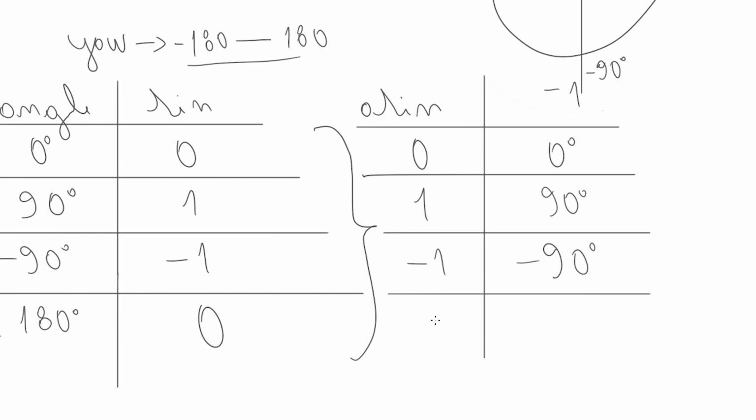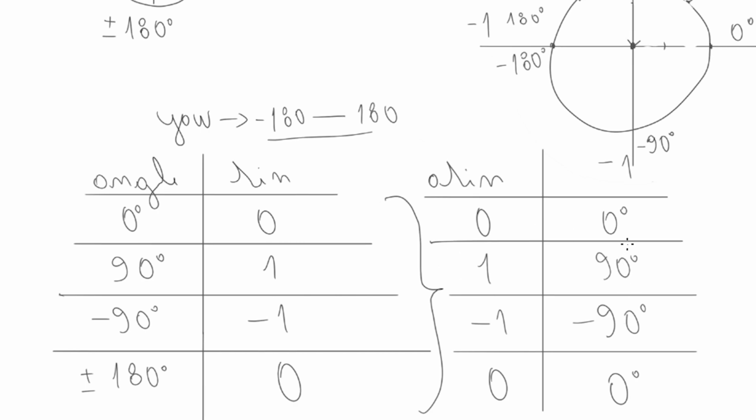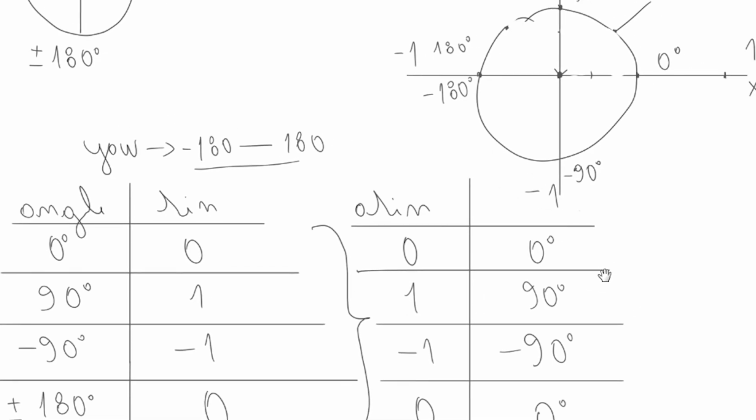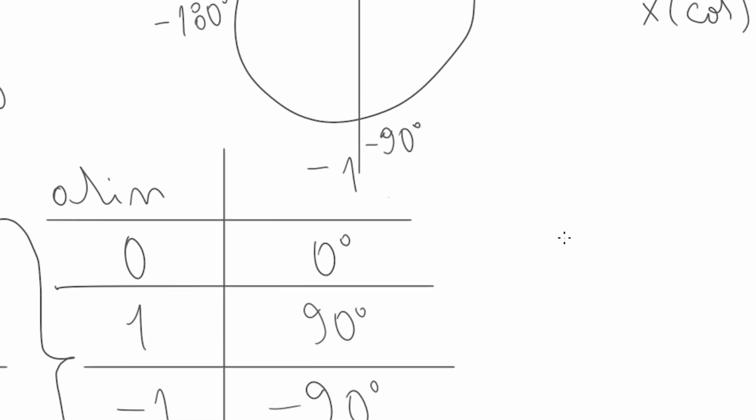And in 0, we have 0 again. So you ask me now, so we won't rotate the character until 180 degrees. And that's right. We just need to do this simple thing.